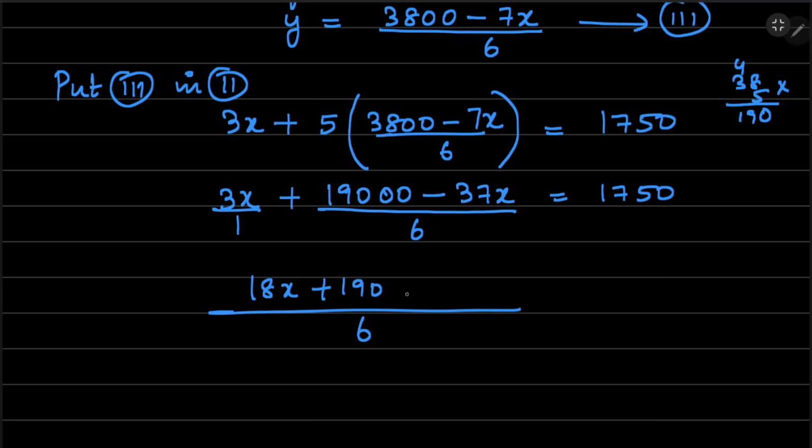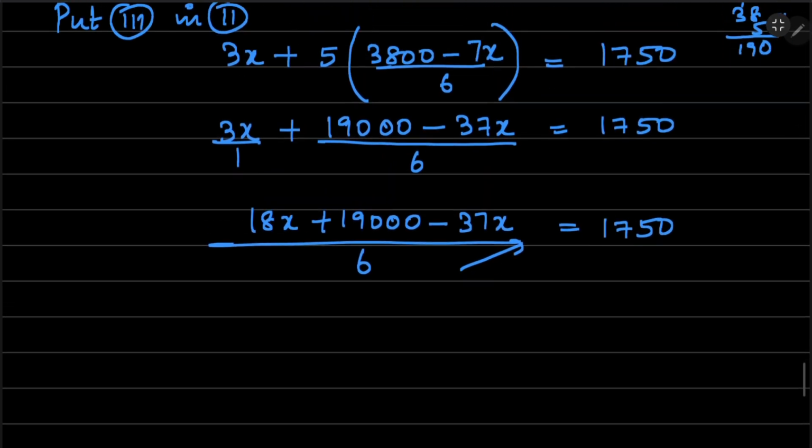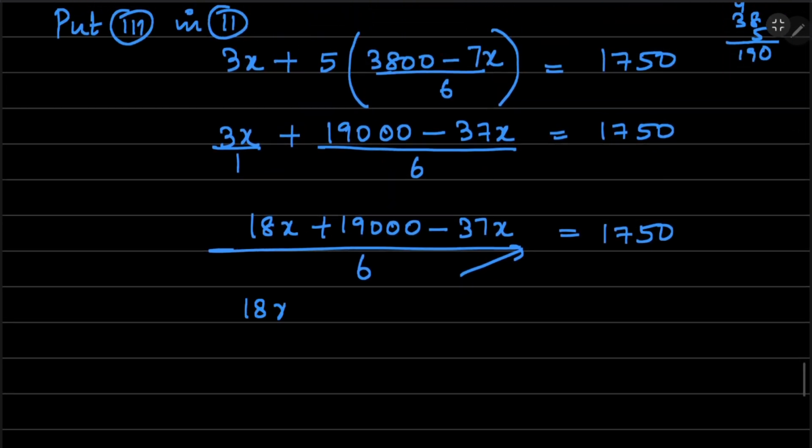So 19,000 minus 37x equal to 1750. Cross multiply. So what do you get? 18x. What is 18x minus 37x?